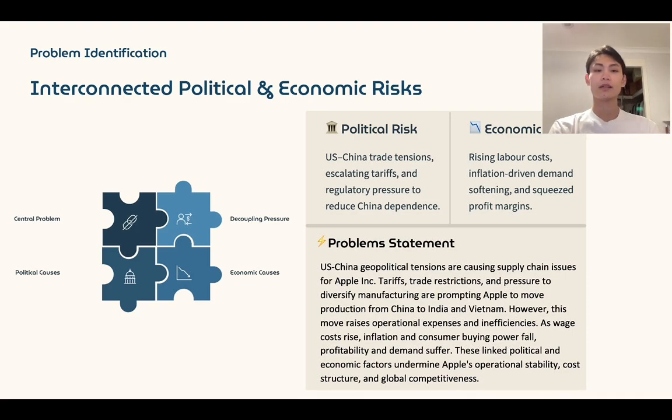Economically, Apple faces rising labor costs, inflation, and weaker consumer purchasing power. This increases costs while making customers more cautious about buying premium products. Overall, geopolitical tensions are disrupting Apple's supply chains, increasing operational costs, and threatening profitability and competitiveness.